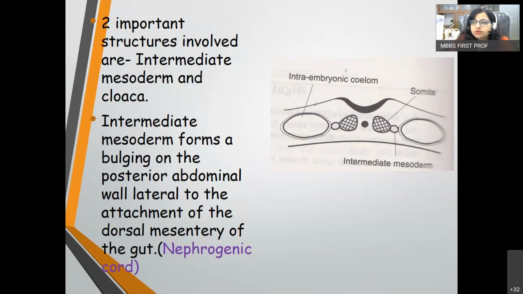And this bulging gives rise to excretory tubules, nephrogenic cord, mesonephric and paramesonephric ducts. Duct system is there, mesonephric ducts and the paramesonephric ducts, along with the testis or ovary, depending upon the sex of the baby.